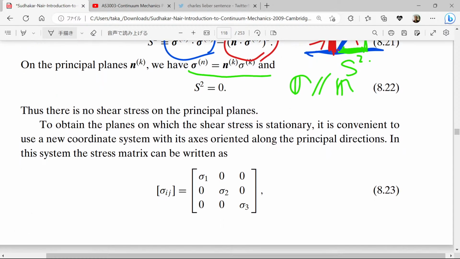To obtain the plane on which shear stress is stationary, it is convenient to use a new coordinate system with its axes oriented along the principal directions. In this system, the stress matrix can be written as this.